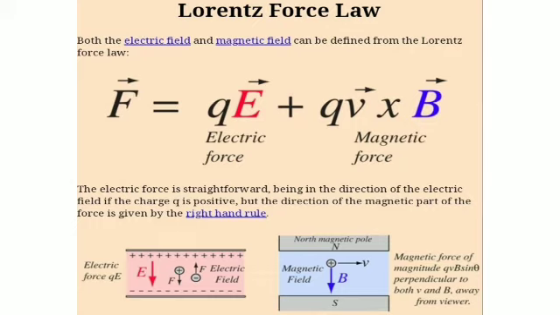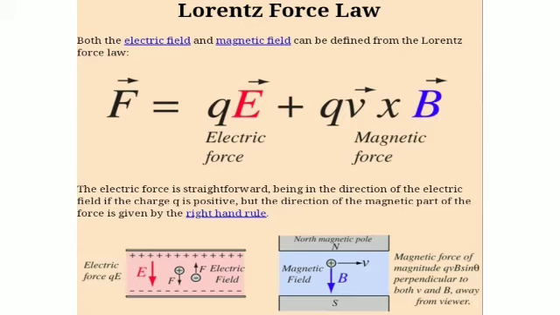The electric force is straightforward, being in the direction of the electric field if the charge q is positive. But the direction of the magnetic part of the force is given by the right hand rule, which I just explained to you. So as you can see in diagram 1, that is the electric force qE.